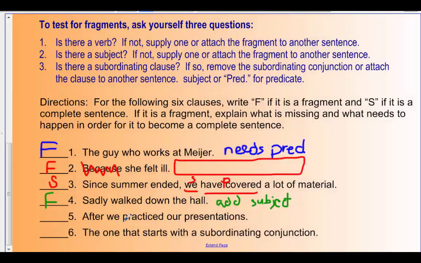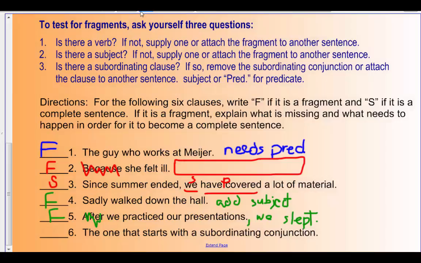"After we practiced our presentations." Fragment. Can you picture how we might solve this? Lots of different ways. "After we practiced our presentations, we slept." Or, another way, is to just cross this part out.